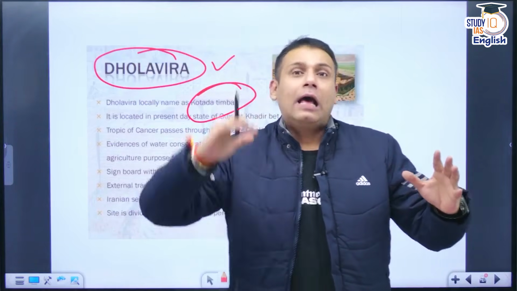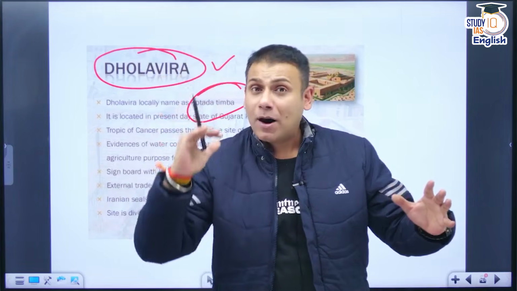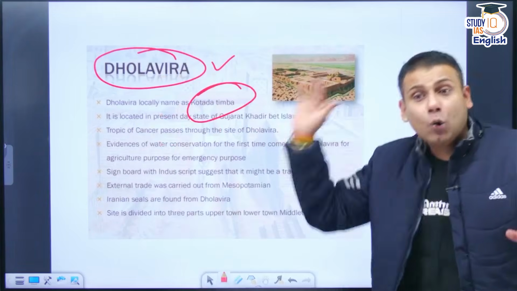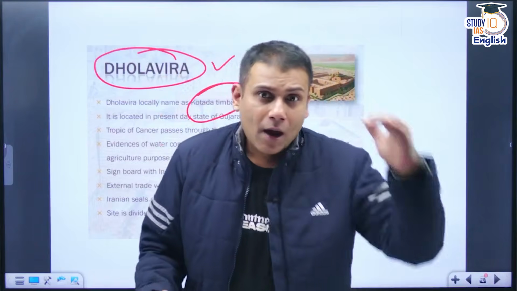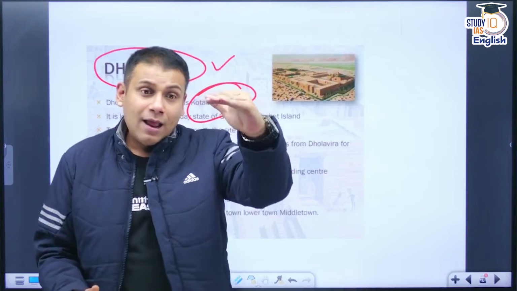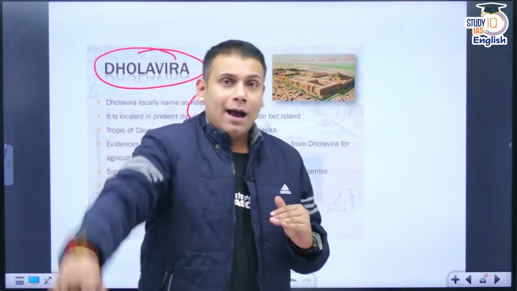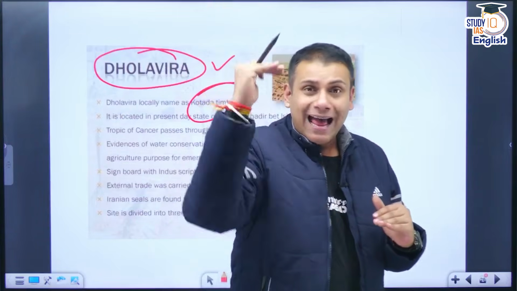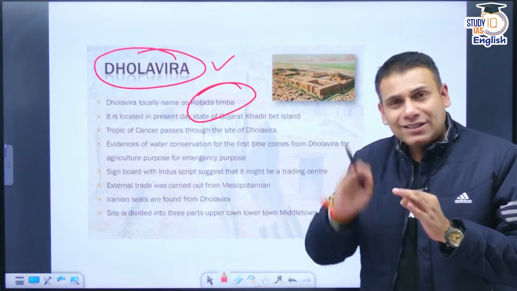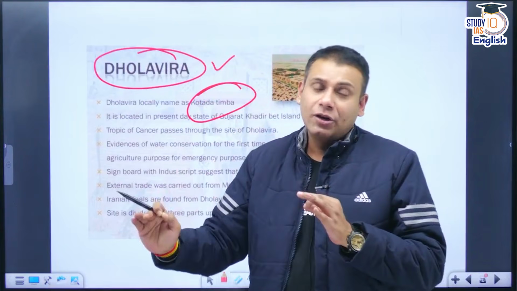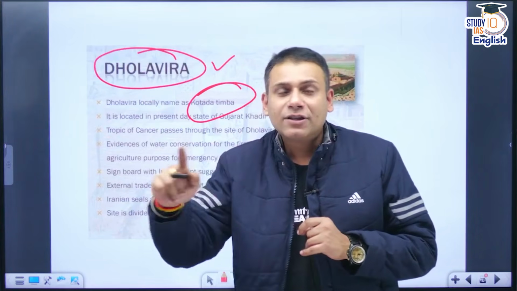In simple words, the upper part of the town and the lower part of the town. The site of Dholavira is divided into three parts: upper, middle and lower town. I repeat, upper, middle and lower town. The Tropic of Cancer passes through this site.